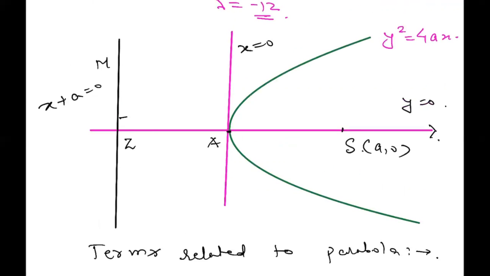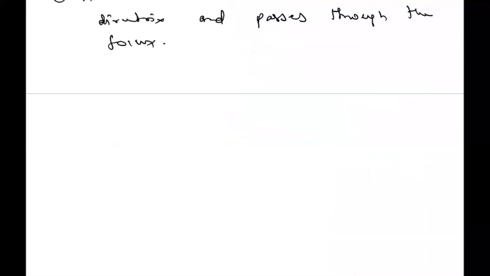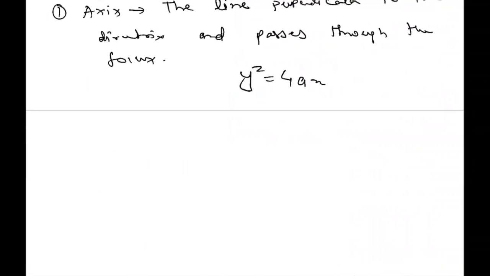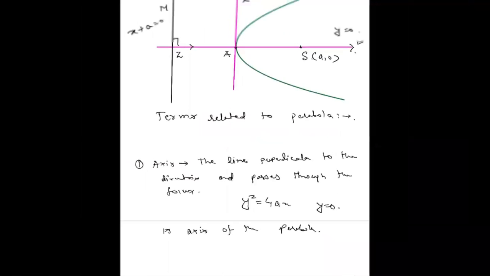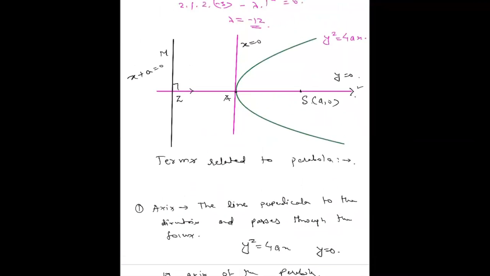This line perpendicular to the directrix and passing through the focus is known as the axis of the parabola. For the equation y square is equal to 4ax, right, the x-axis, meaning y is equal to 0, is the axis of the parabola. Please note down for axis.